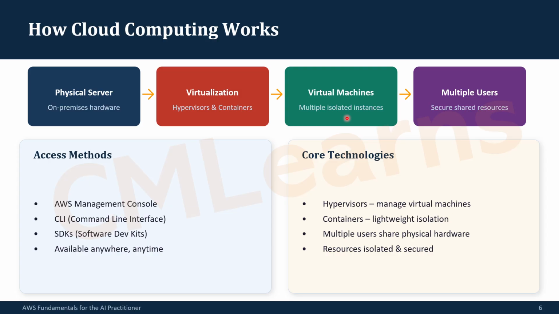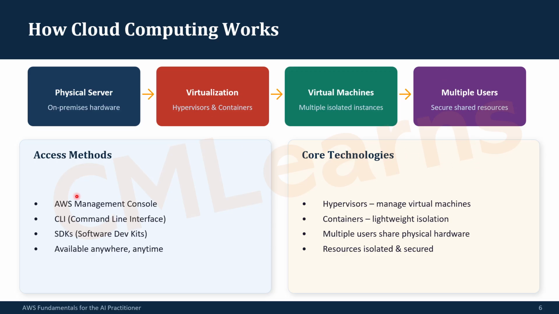In the context of AWS, we will have Elastic Compute Cloud instances that we can use as VMs for computing, testing, or running our programs from anywhere in the world using only an internet connection. We don't need to own the server or the on-premise hardware. You can just use it. That's the main thing, and multiple users can share these resources very securely. That was the main deal breaker.